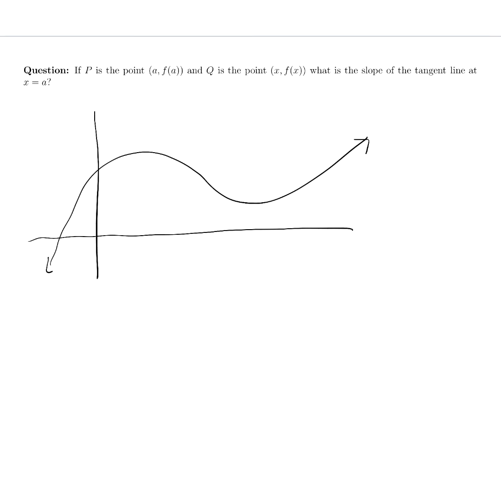Let's say here is A, and here is x. And so here is the point x, f of x, and here is the point A, f of A.